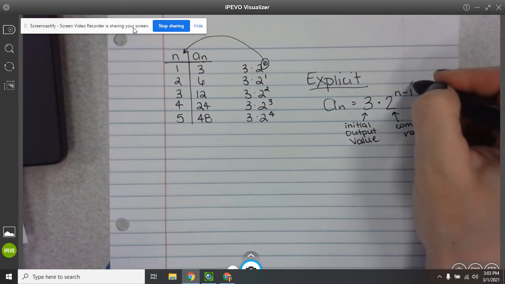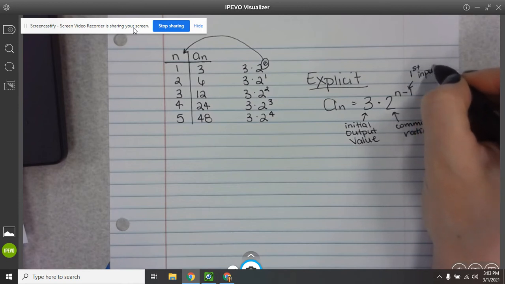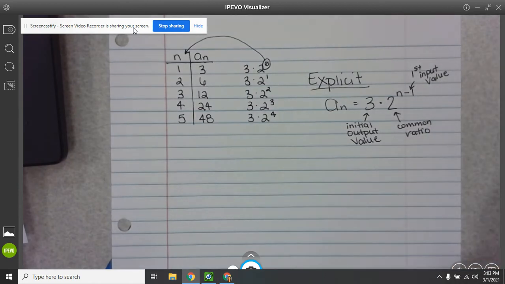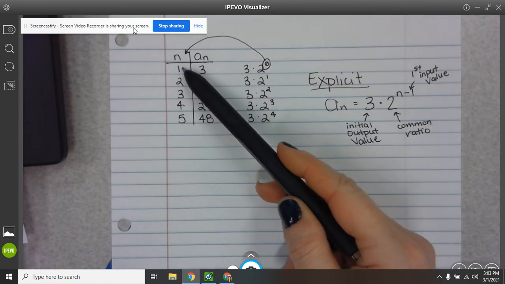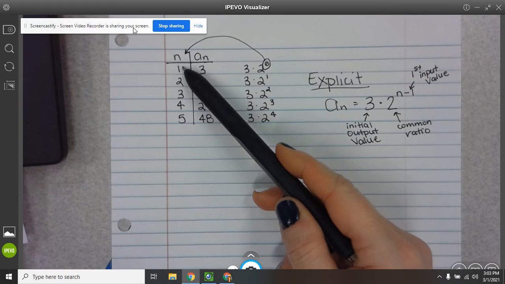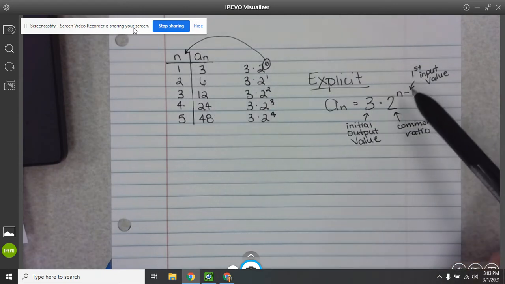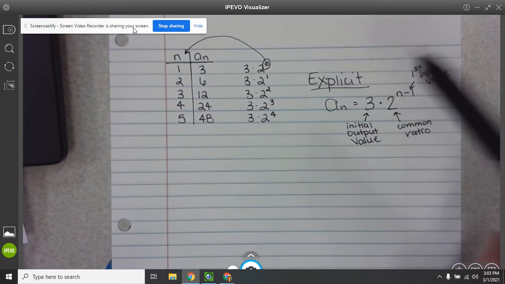And then the minus 1 here is my first input value. So if I had started with n equals 3, well, then I would be doing n minus 3 in my exponent instead.